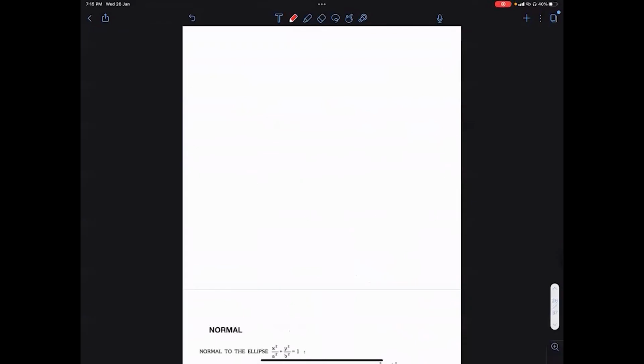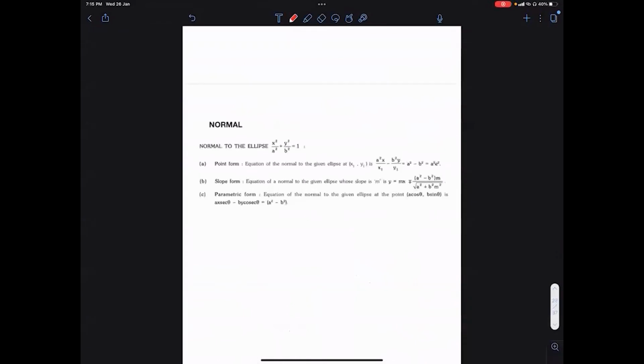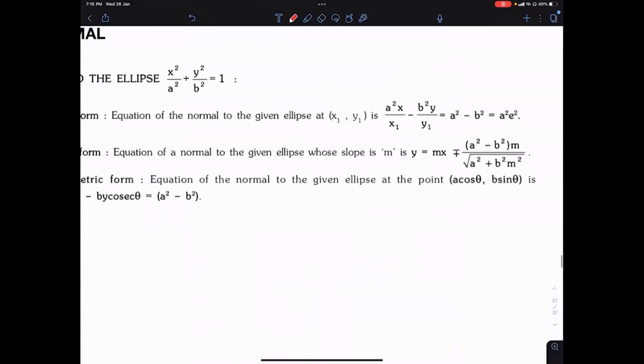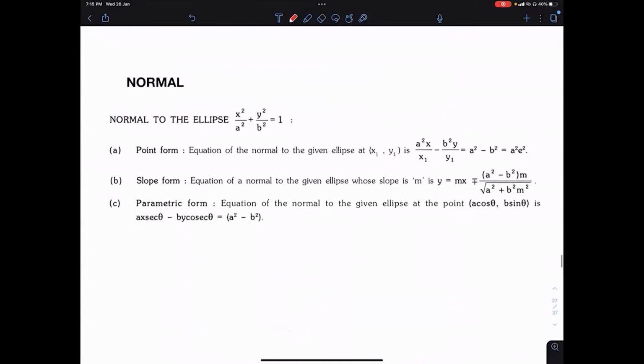Yeah, that's it. For the normal, you just need to take a screenshot. Actually, normally it won't be there in many books. Okay, the equation of normal with slope m. So the equation of tangent with slope m we have seen.